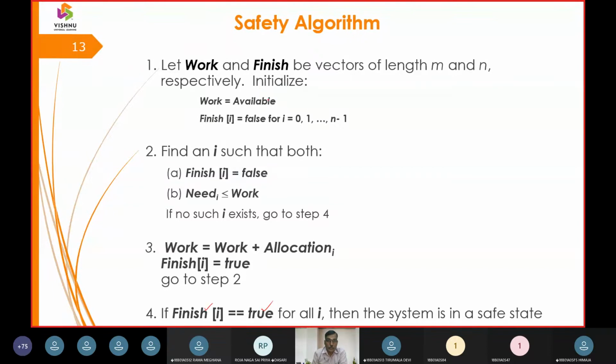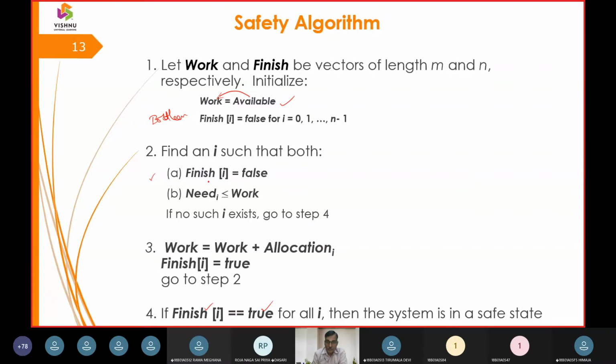So we take two independent vectors. One will be a Boolean vector and another will be an integer vector, which holds the available items to be moved into work. That means from here onwards, we assume work is equal to available, and we iterate the steps until finish is equal to true.